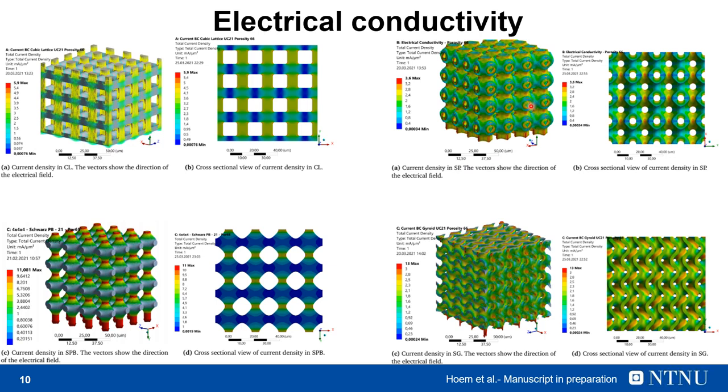The Schwarzschild has pretty uniform cross-sectional area through the whole structure and has no hotspots of current density. The same goes for the Schwinn-Gyrrid.